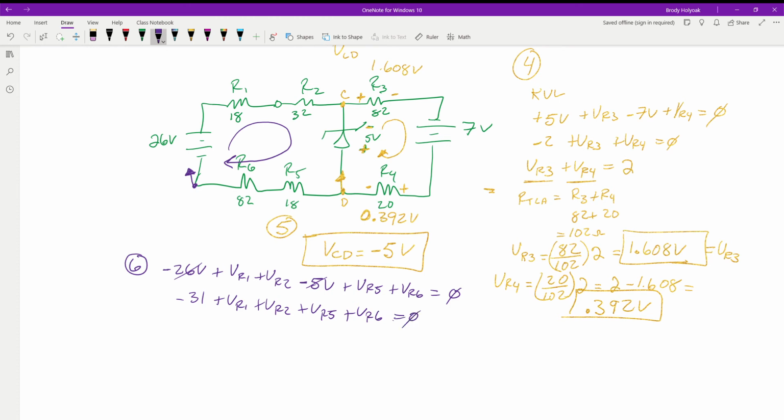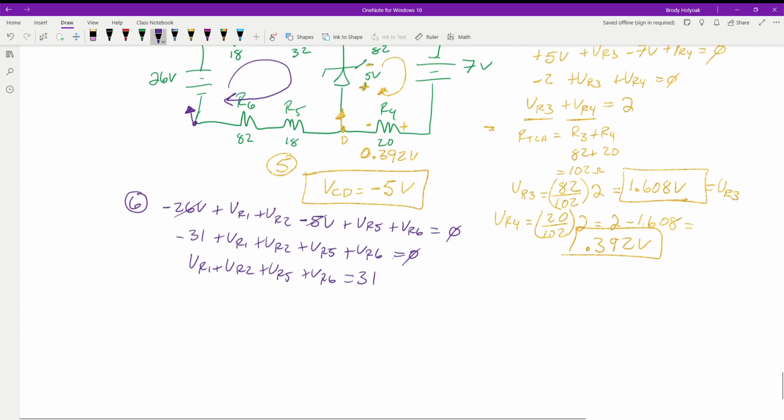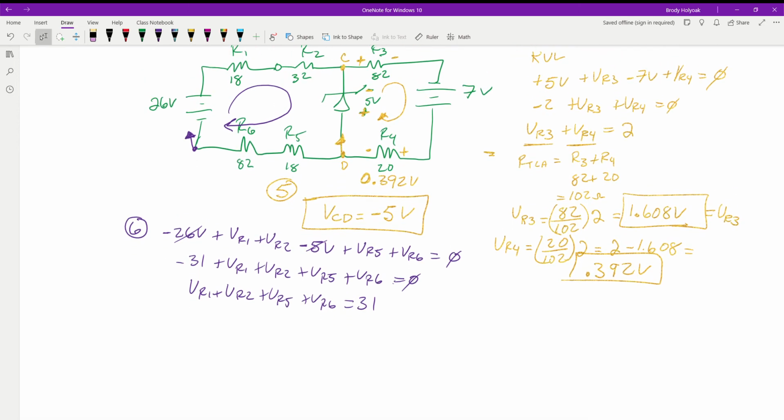We move our single values away, and we get VR1, VR2, VR5, and VR6, all is equal to 31 volts. So that means that we have to have a total of 31 volts being dropped across those 4 resistors, which, because of our loop, puts those 4 into series again. So now we have just a voltage divider between all of these resistors, which we can just use to solve for it.